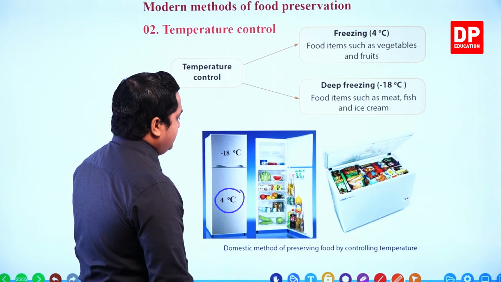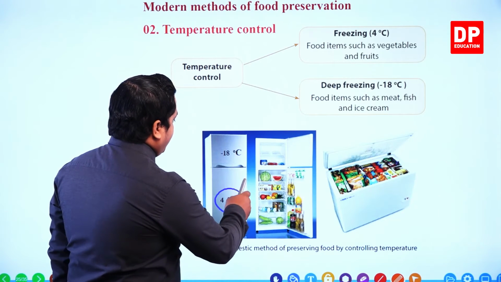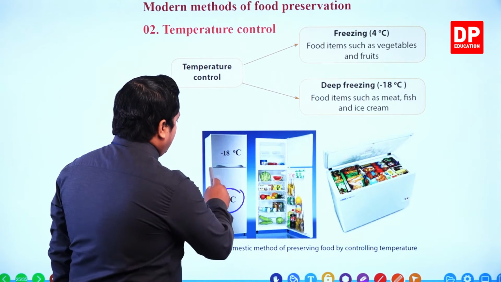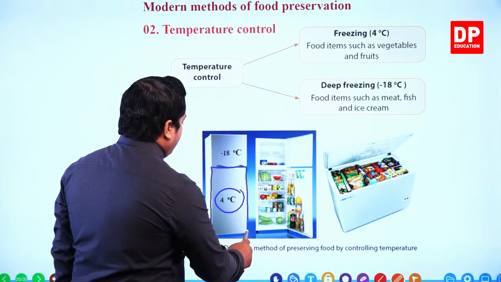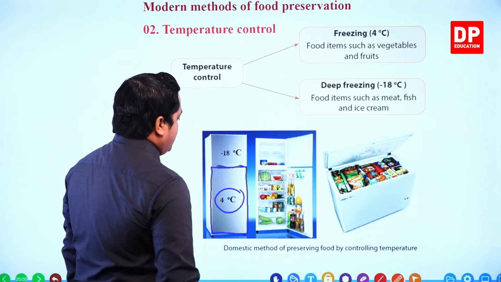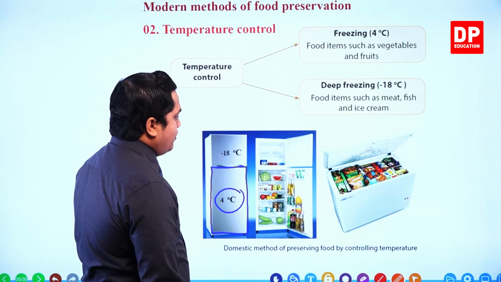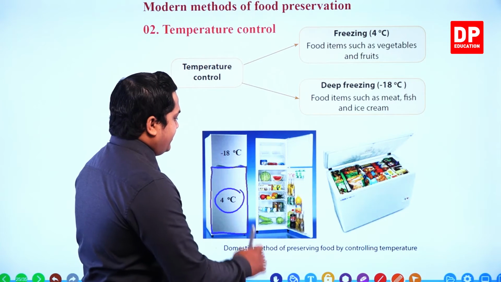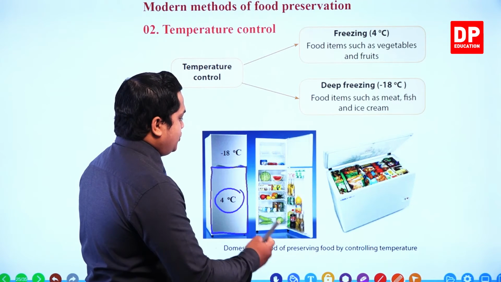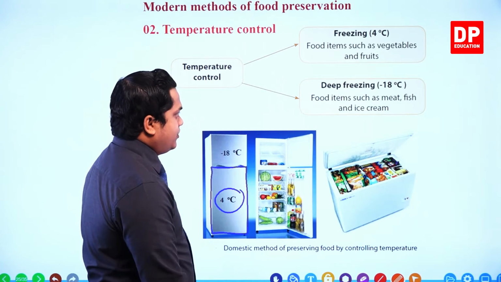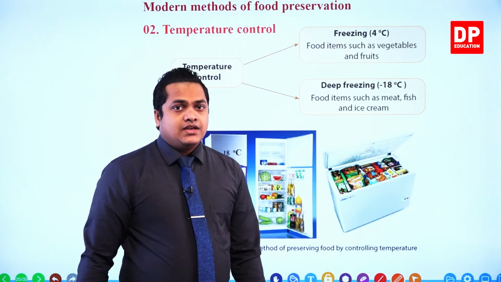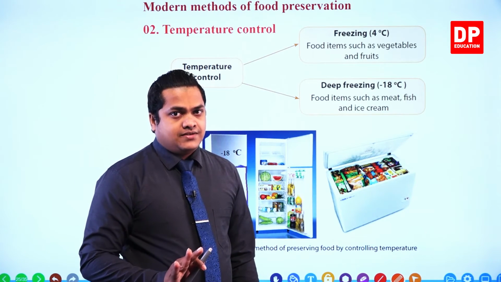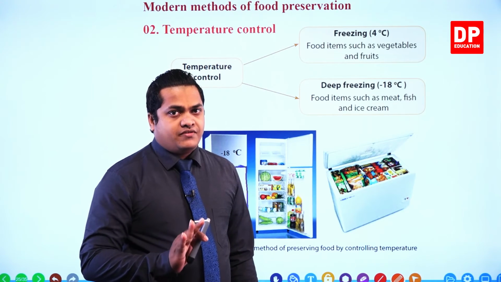In a normal refrigerator, the lower chamber is around 4 degrees Celsius, where you can keep food items like fruits, vegetables, juices, drinks and so on. So this is the normal freezing.